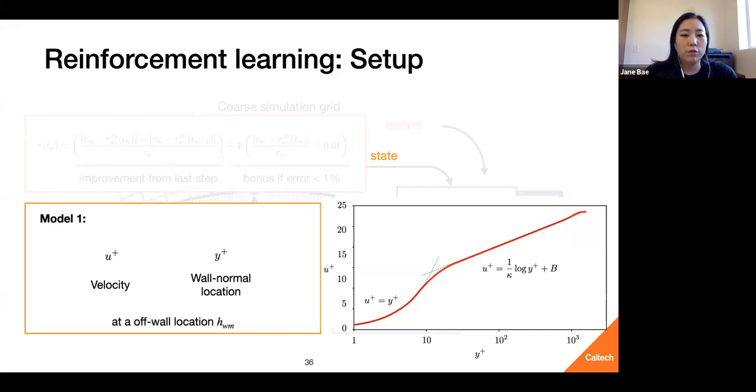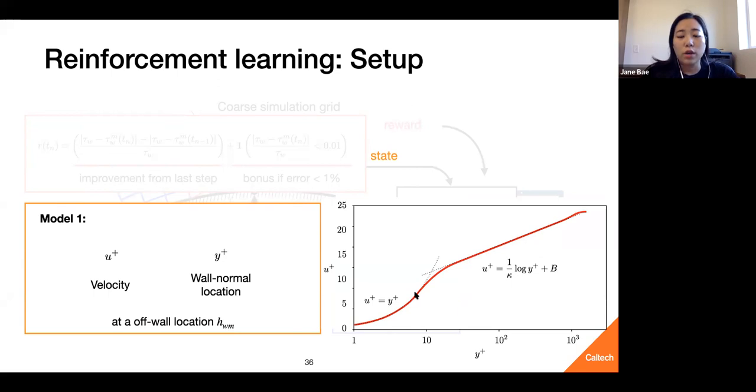For the states, we've tried two different models. The first model was a very basic, rudimentary model that takes as states the velocity and the wall normal location. So we know that there is some sort of universal log law, at least for the flat plate case. And there is going to be a universal log law depending on other factors such as adverse pressure gradient or roughness.